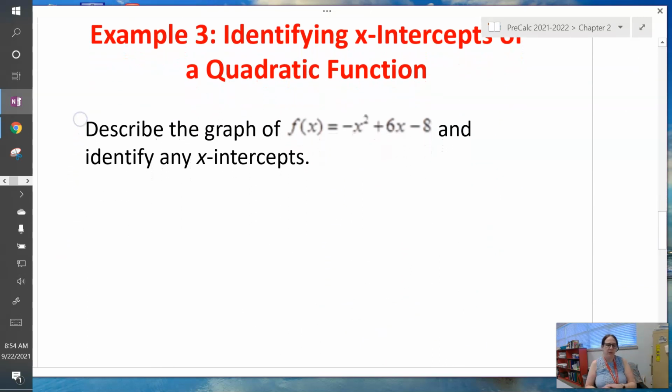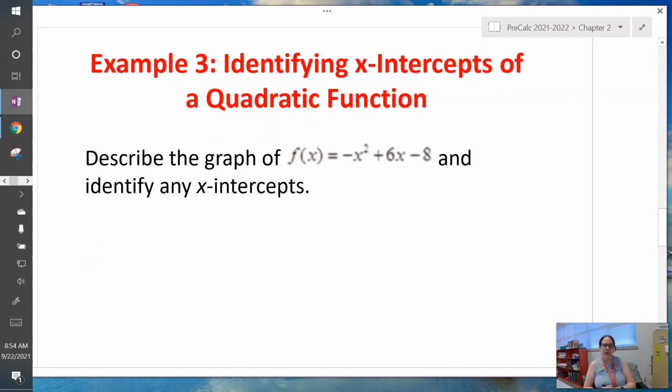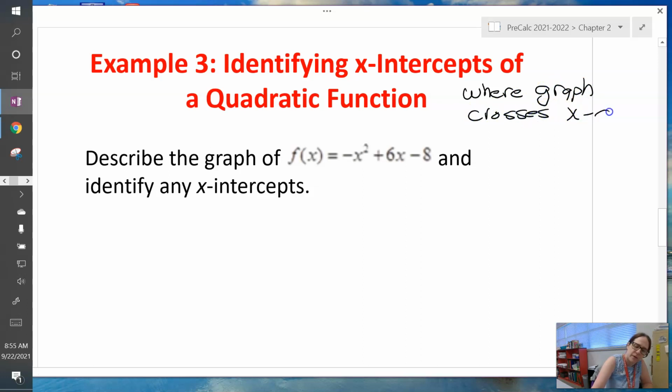The next thing we're going to do is identify the x-intercepts of a quadratic function. X-intercepts, that means where the graph crosses the x-axis. And it crosses the x-axis where y equals 0.